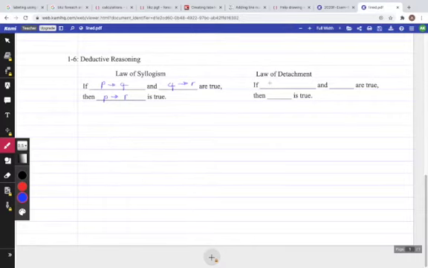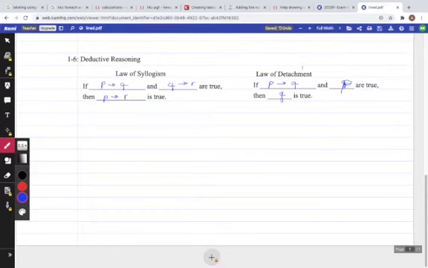Law of detachment is if we have P implies Q and P are true, then Q is true.